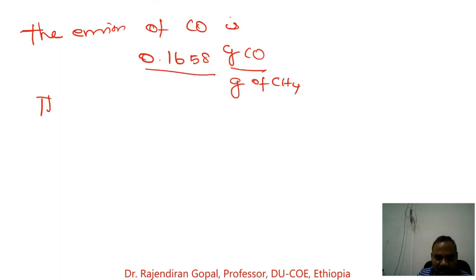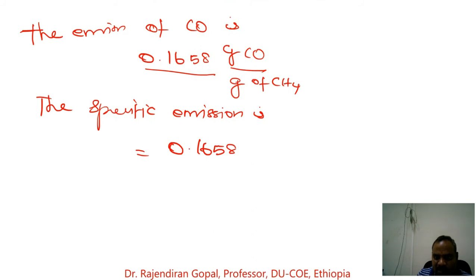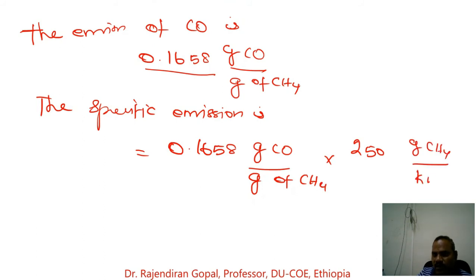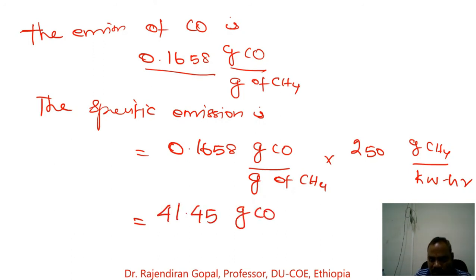Now the specific emission is equal to 0.1658 gram of CO per gram of methane. Then with specific fuel consumption of 250 gram of methane per kilowatt hour, we can get 41.45 gram of CO per kilowatt hour.